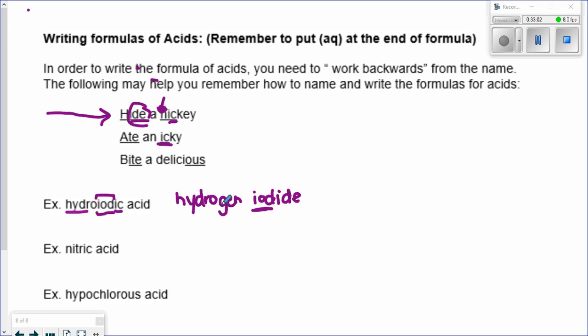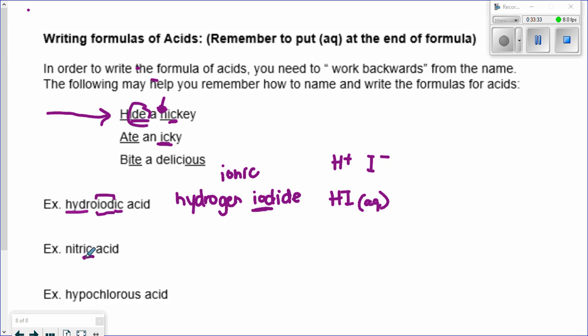So hydrogen iodide would be our ionic naming. Hydrogen forms a 1 positive charge, iodine forms a 1 negative, so to write the formula, that balances out with a 1-to-1 ratio. So hydrogen iodide, we put aqueous beside it, and that makes it hydroiodic acid.